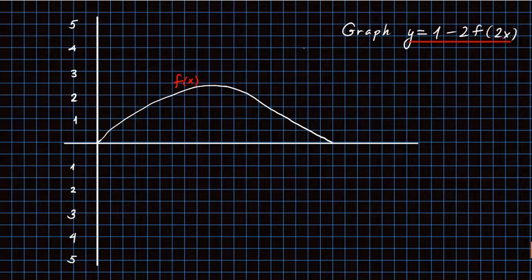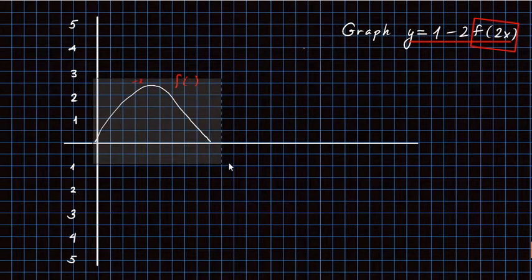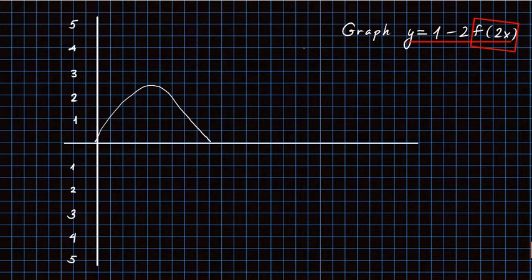So the first thing is the 2x inside the function f. Remember, if you multiply the x by 2, that shrinks the graph horizontally by a factor of 2. So I'm going to take this graph and shrink it in half. This new graph is the graph of f of 2x.